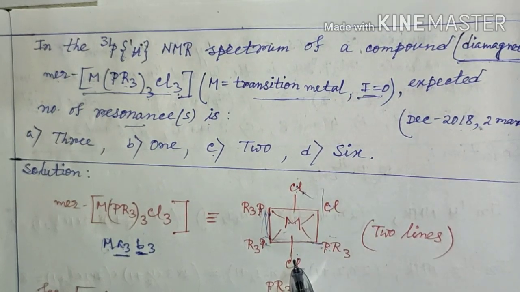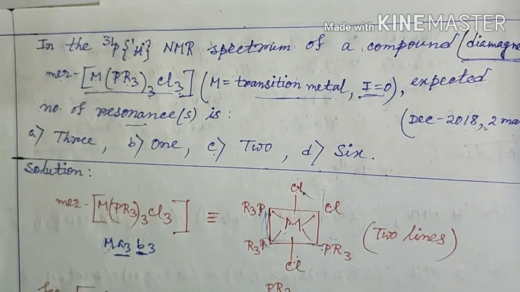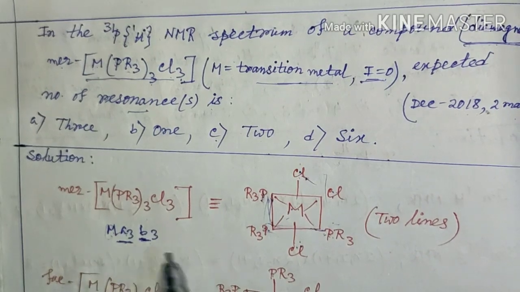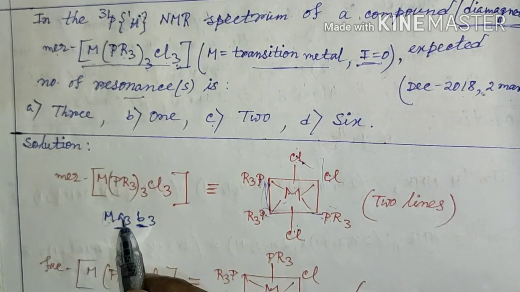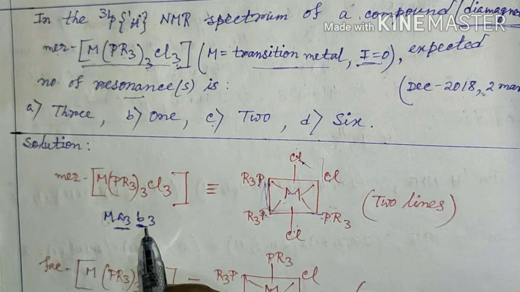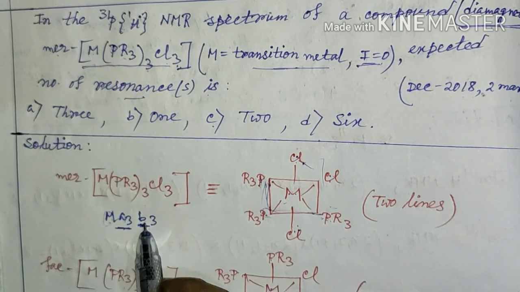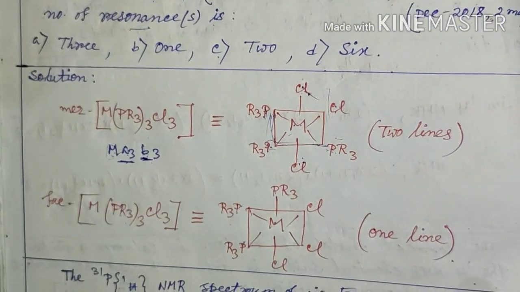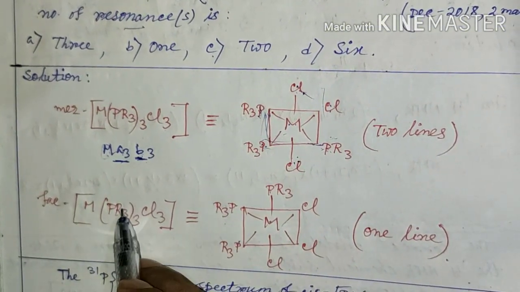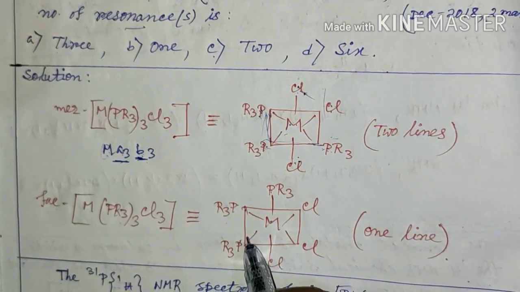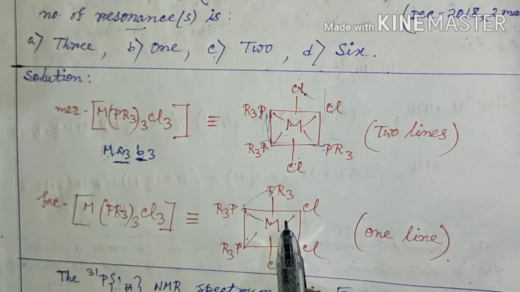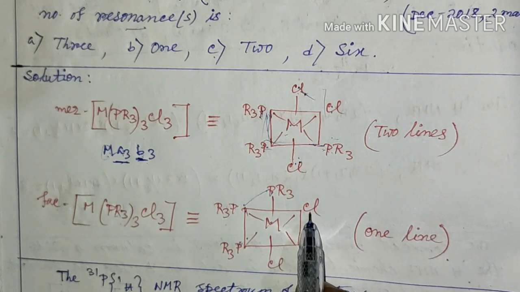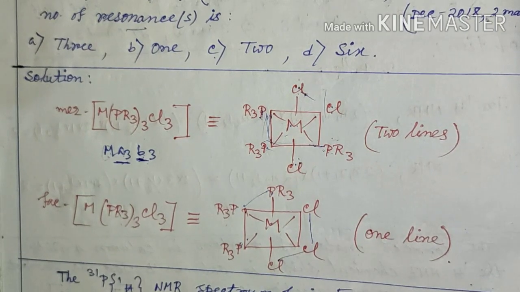the 3 Cl ligands. Now in the case of the facial Ma3B3 type complex, the plane containing the 3A ligands will be parallel to the plane containing the 3 other B ligands. That is, for this complex the plane containing the 3 PR3 ligands, that is this plane, is parallel to the plane containing the 3 Cl ligands.